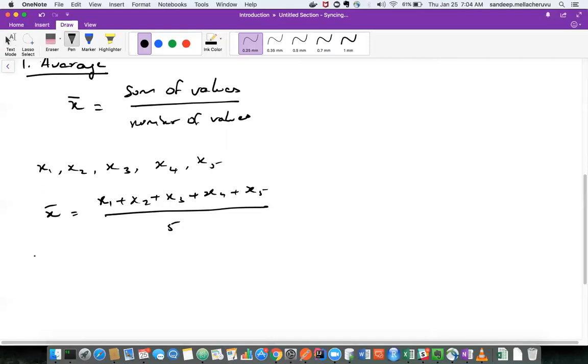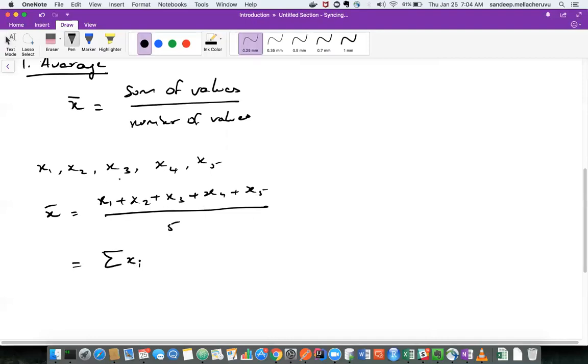And in mathematics, there are always shortcuts for these kinds of things. In this case, the shortcut is called sigma. Instead of writing all these x's, all you can write is sigma xi, because all that is changing is the subscript number of the x, whether it is 1 or 2 or 3.